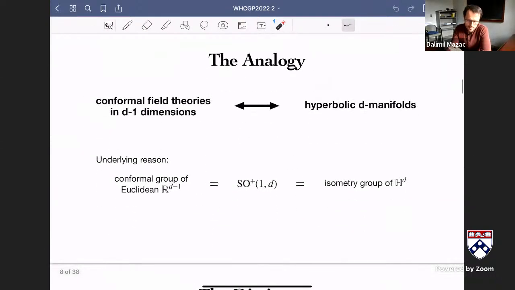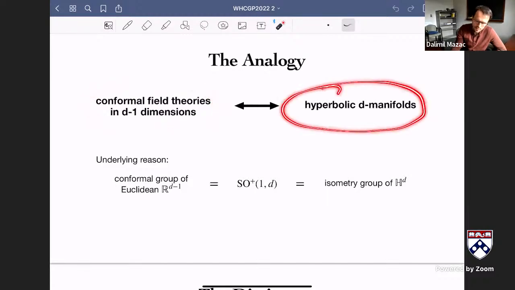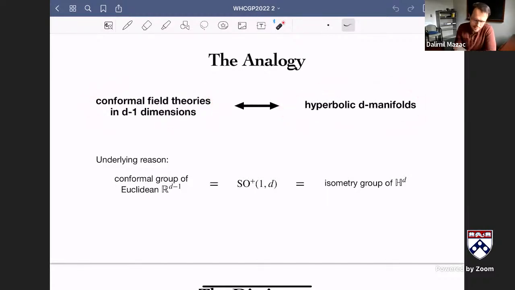Because of this group structure, there's an analogy between conformal field theories in d-1 dimensions and hyperbolic d-manifolds. As I already suggested, the underlying reason for this analogy is that the representation theory of the same group underlies both sides.